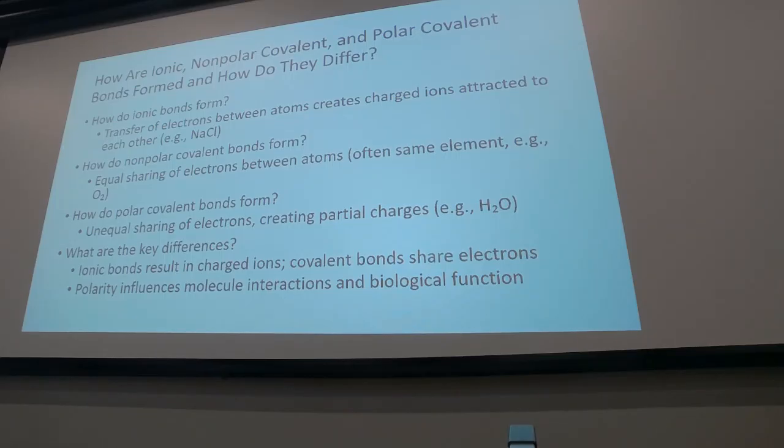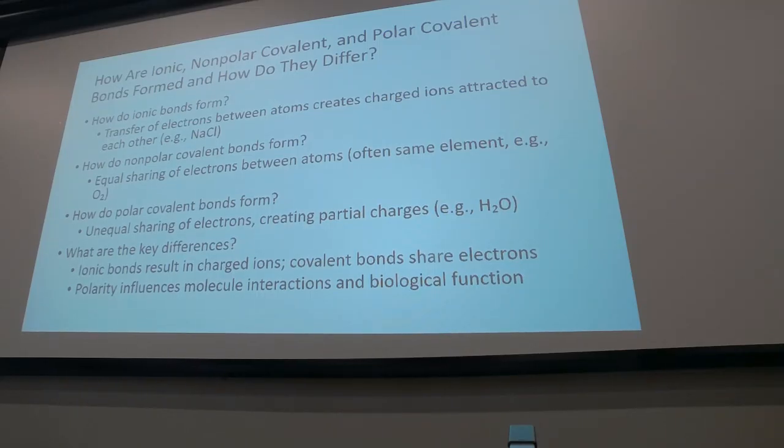An example that happens in nature is the combination between sodium atoms and chlorine atoms. They form a molecule, a salt, that we know as sodium chloride. Sodium is a metal, chlorine is a non-metal. So metals tend to combine with non-metals.